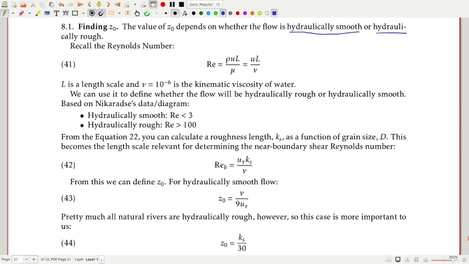hydraulically smooth or hydraulically rough. And what does this mean? So I mentioned that there is a laminar sublayer, and what hydraulically smooth means is that the height of roughness elements is less than the height of the laminar sublayer.